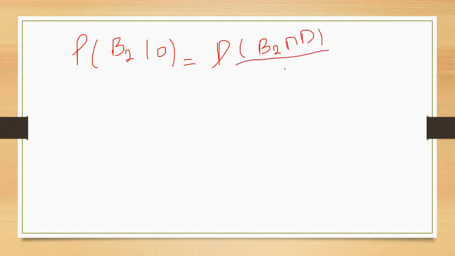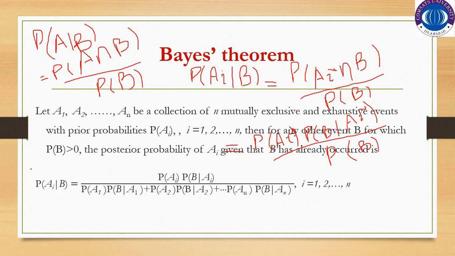So, by applying conditional probability, probability of B2 given D would be equal to probability of B2 intersection D divided by probability of D. So we can apply the Bayes theorem here, which is probability of A_i given B is equal to this.